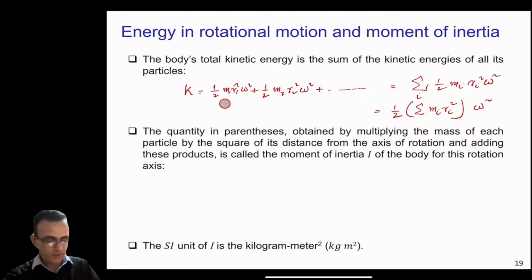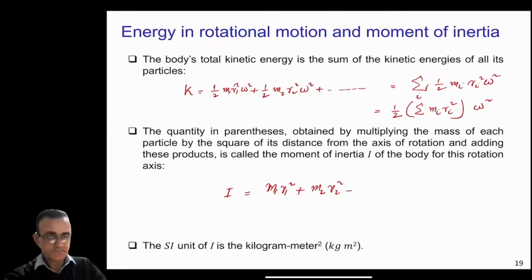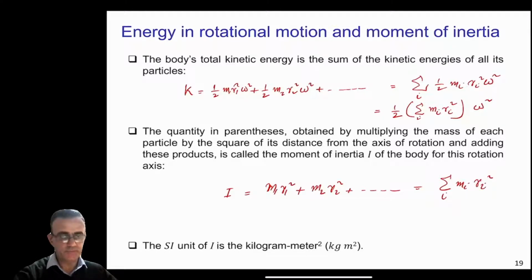Now we can write I, which will become equal to m1 r1 square plus m2 r2 square, and so on. This is just the sum of mi ri square, which is our I here. We are just representing this by I, and the unit of this I is kilogram meter square.